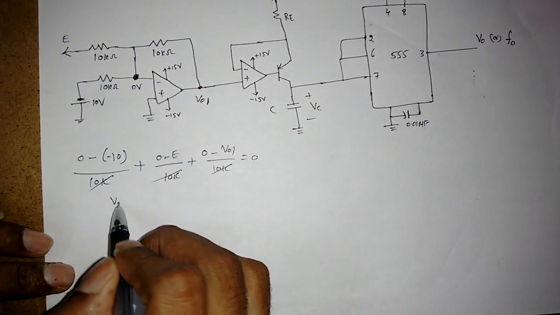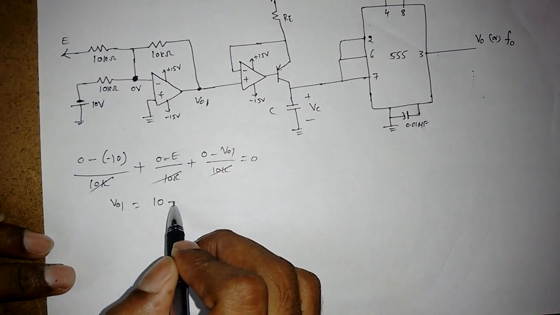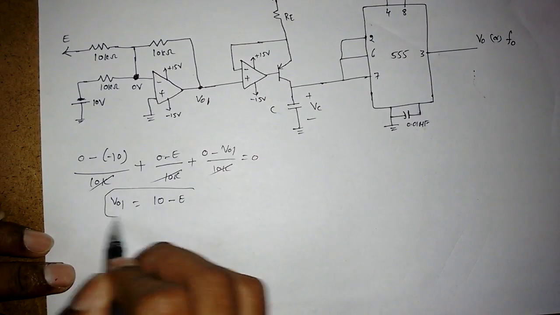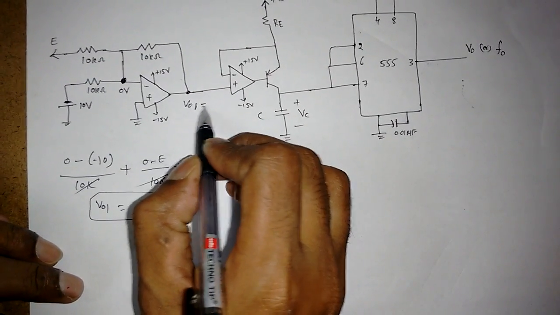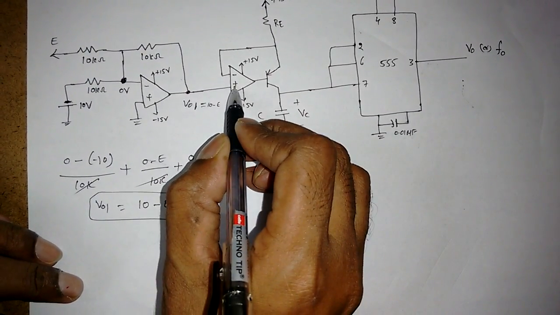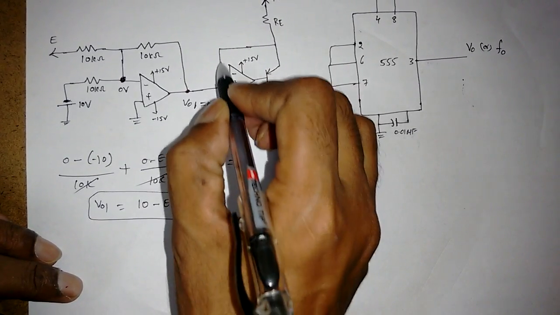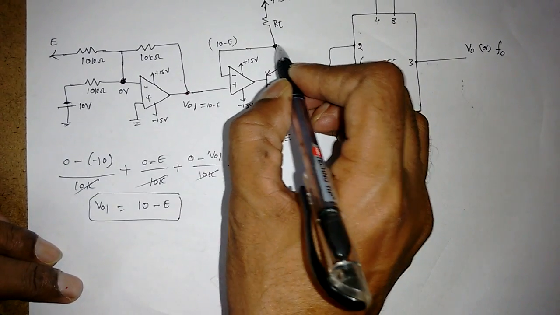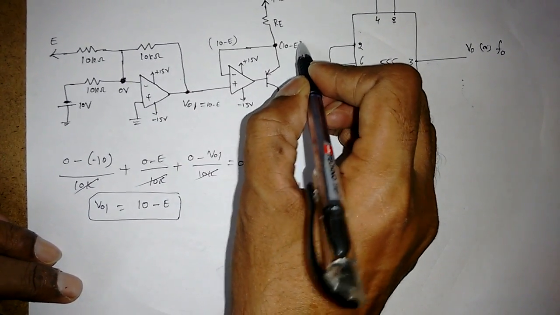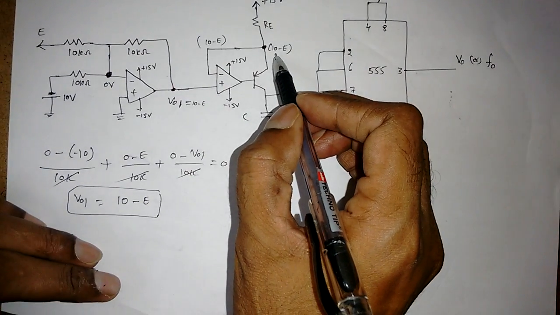V01 goes that side, so V01 is equal to 10 plus E with sign, so V01 is equal to 10 minus E, we got. The plus terminal is equal to the minus terminal, so this is simply a voltage follower. So here also it will become 10 minus E, which is connected here. So we got a voltage of 10 minus E.